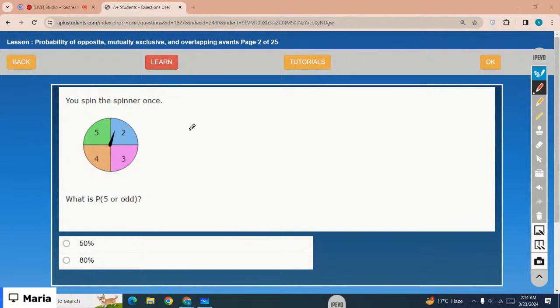So that means they are mutually exclusive events. 2 out of 4, so half of them are 5 or odd. The correct option is 50%, right? The correct option is 50%.